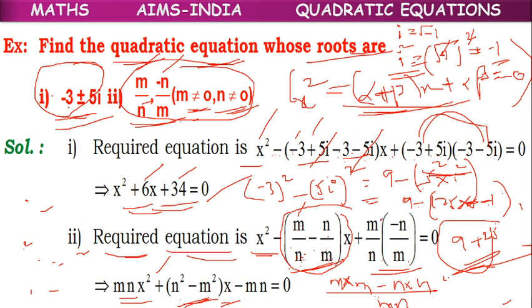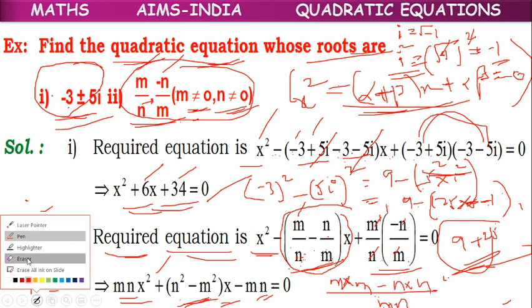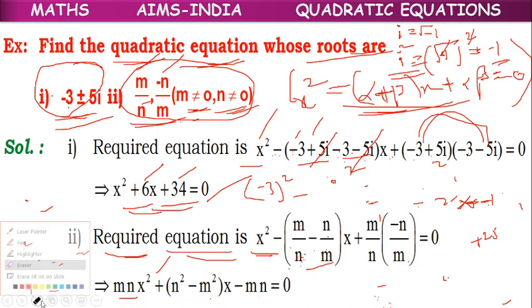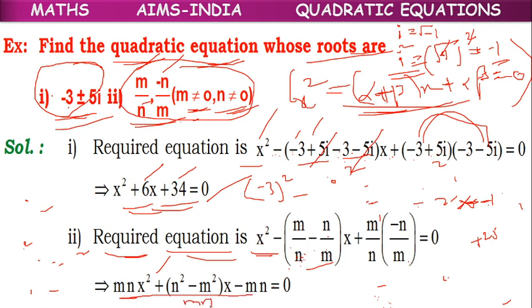So here is the product of roots. Here mm cancel, nn cancel, 1 will be remaining, but the LCM is mn, so we can write 1 into mn equals 0. Actually, this total expression is having LCM mn.